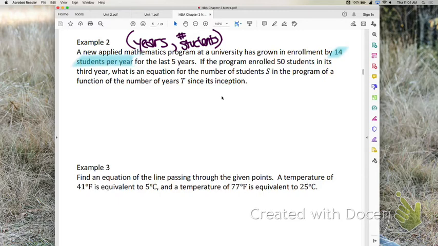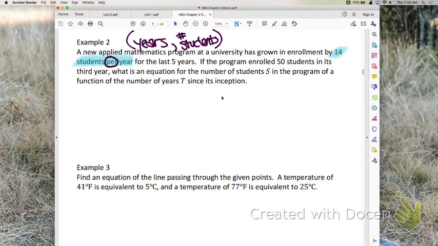Mm-hmm. All right, so slowing down just a minute here. He says slope is 14 students per year. So what I want you to start recognizing is this word right here. Notice how that phrase, 14 students per year, represents both variables at once. It has the students and it has the years.